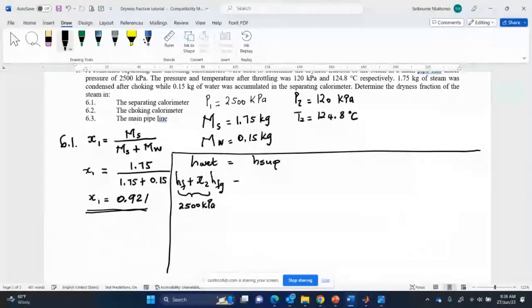is equal to H soup at 120 kPa and 124.8 degrees Celsius. Let me explain H soup. There are three methods where you can determine H soup.